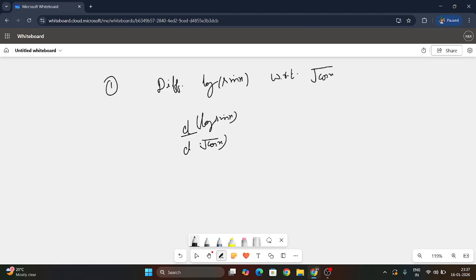Till now you have been listening that we are differentiating with respect to x or y or t or phi or any other parameter or any other variable. Here we have to find the value of this. What you can do? Just do d/dx of log sin x divided by d/dx of root cos x.